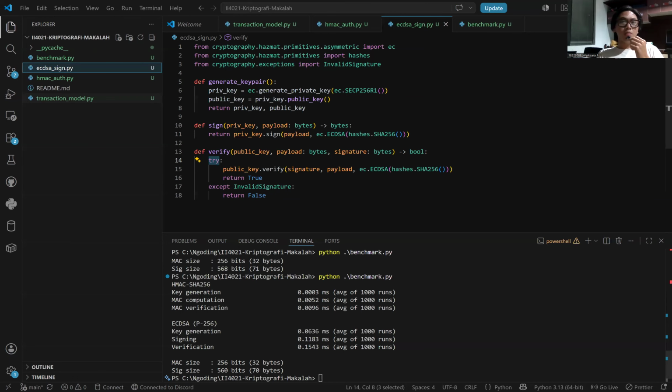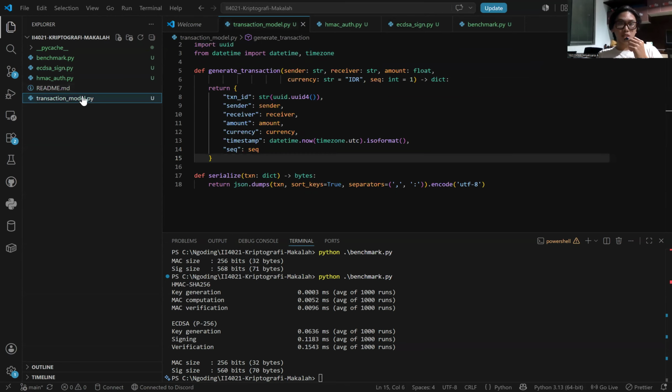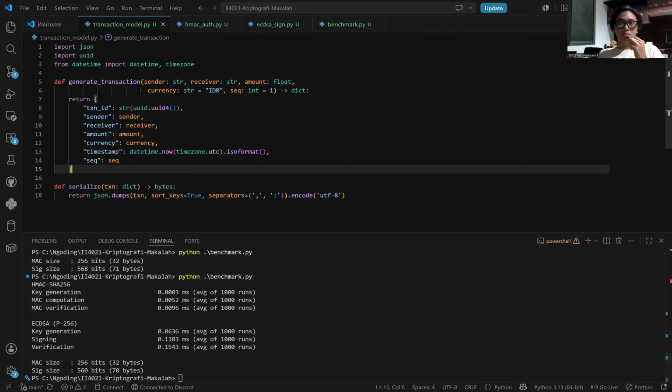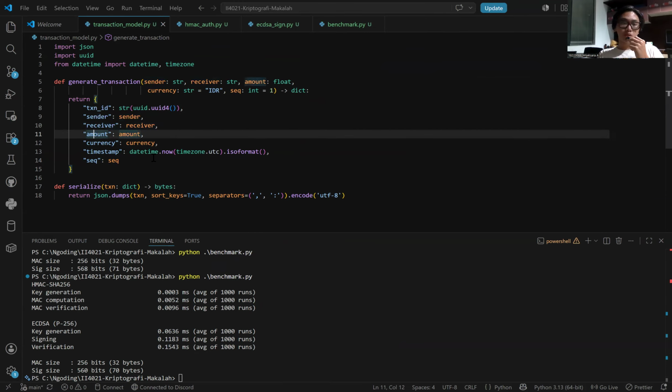Okay, here we try to simulate a transfer transaction in JSON format. As you can see here in the code, we're using a JSON format containing transaction ID, sender, receiver, the amount, and also the sequence number to prevent replay attacks.